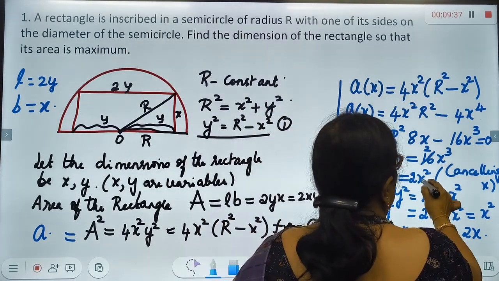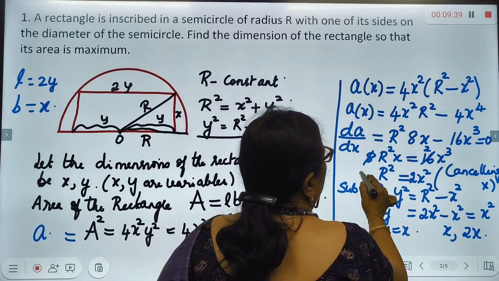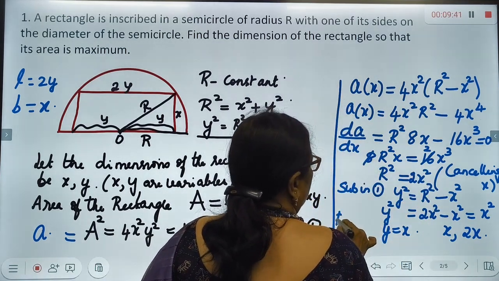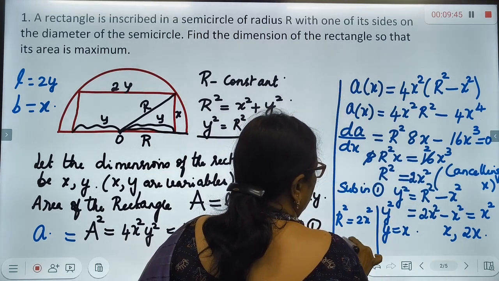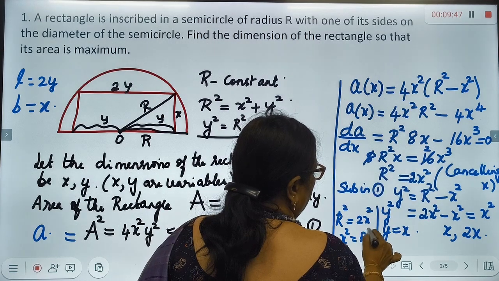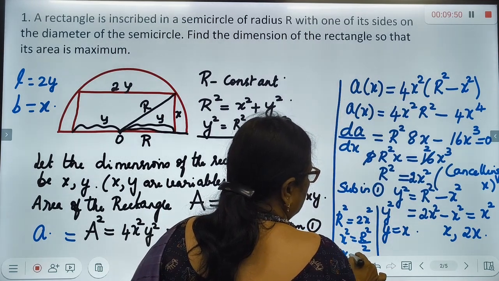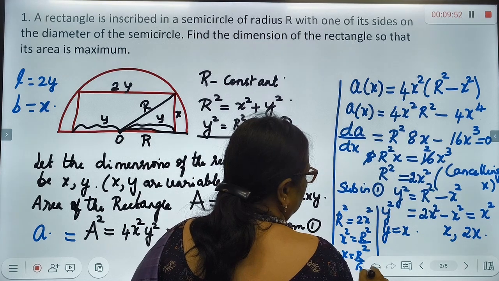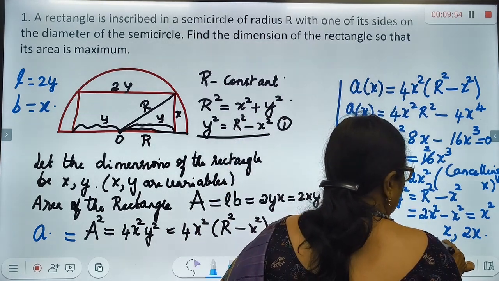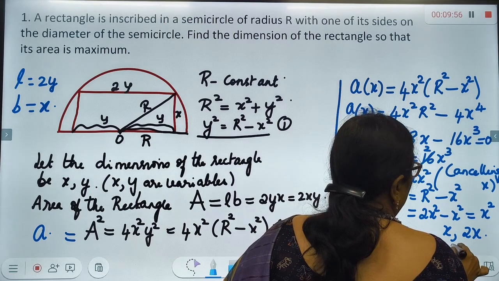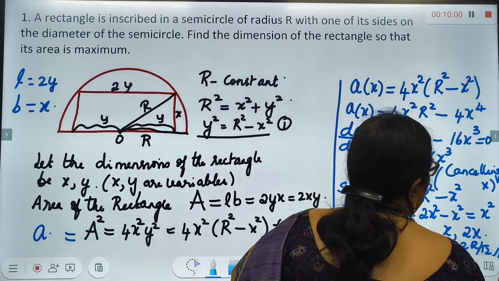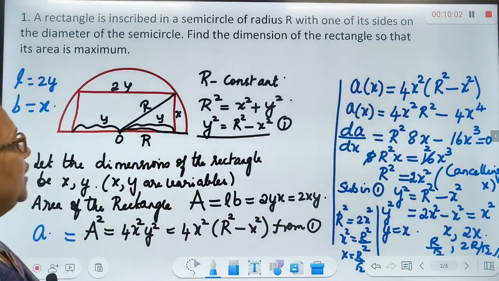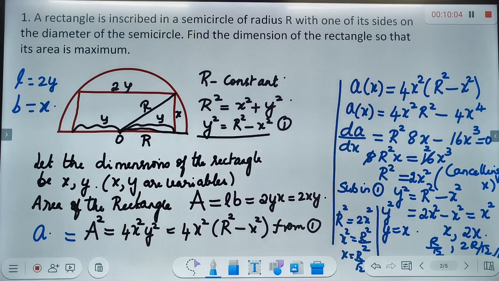You know that x is equal to, from here, R square equal to 2x square. So, x square is R square by 2. So, x is R by root 2. So, R by root 2, comma 2x, 2R by root 2 will be the dimensions of the rectangle in order to have maximum area. Are you able to follow?